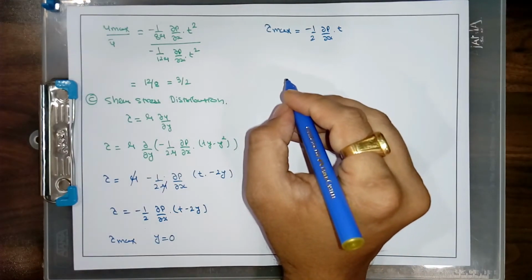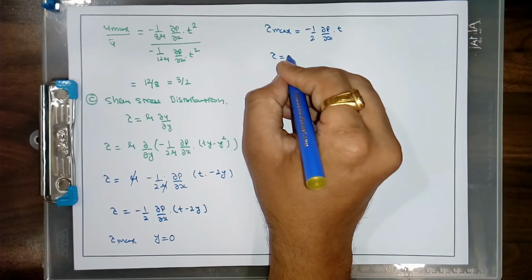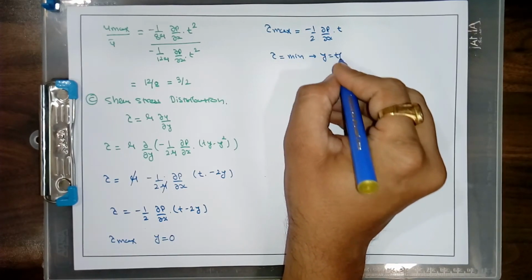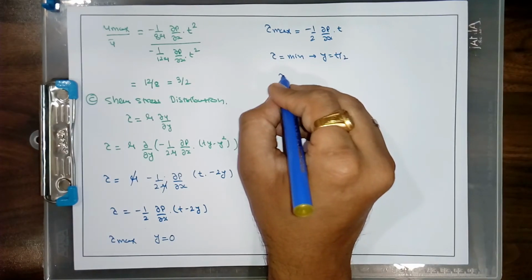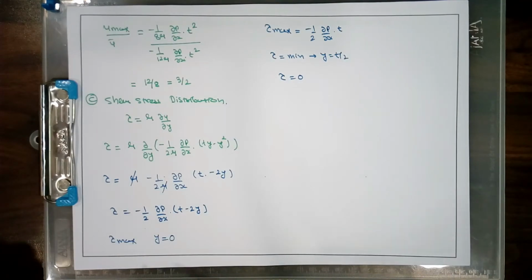And we also know that the value of τ becomes a minimum where y becomes t/2. So the minimum value of shear stress is 0 when y equals t/2.